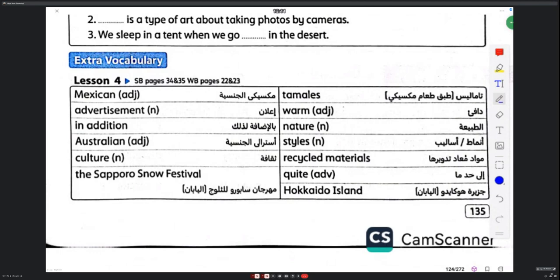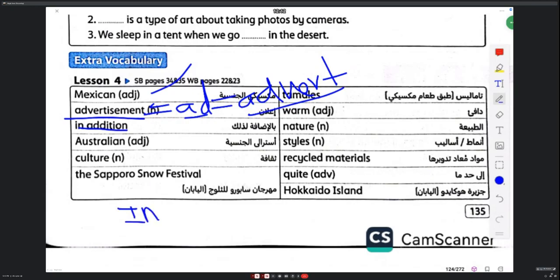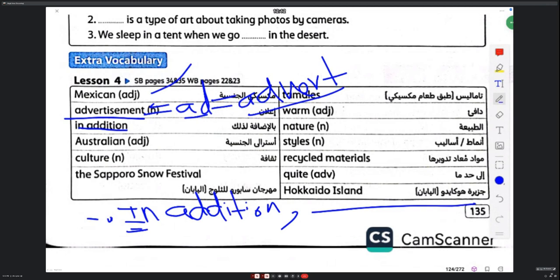The nationality is Mexican, but Mexico is the country itself. Mexican is an adjective. Advertisement: we can say advert, we can say advertisement. They are all equal. In addition, with a capital I, means and, with a comma and a full stop before.